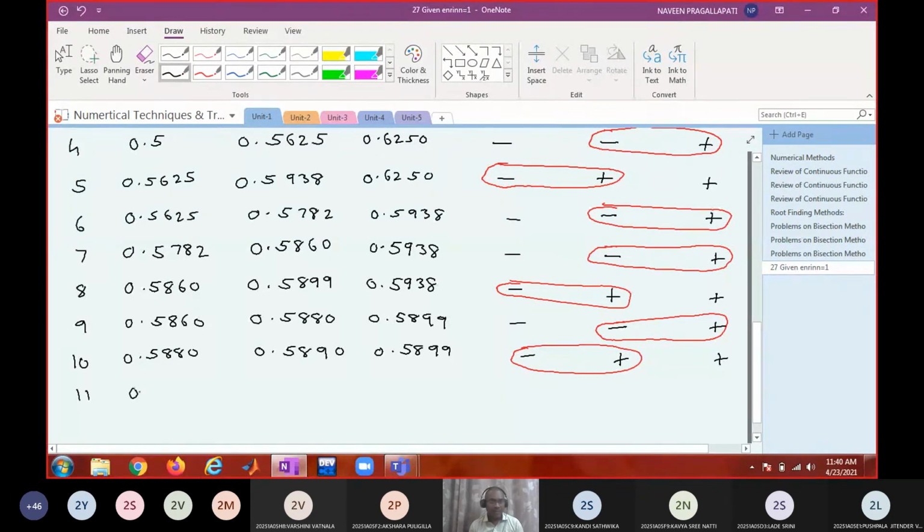Left half, that means 0.5880, 0.5890, midpoint 0.5885. I think it is oscillating. It keeps on oscillating.